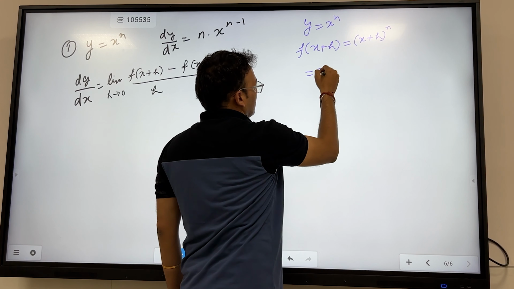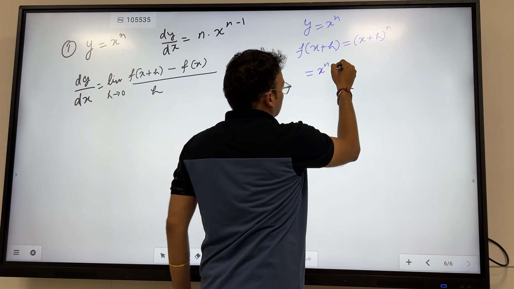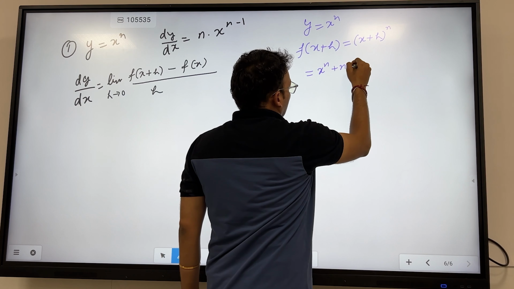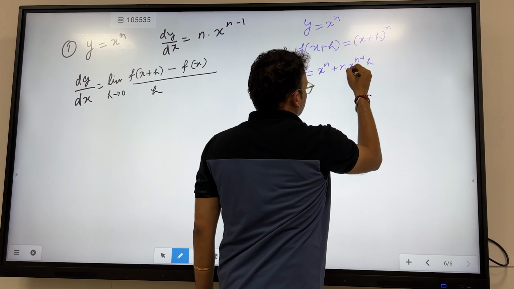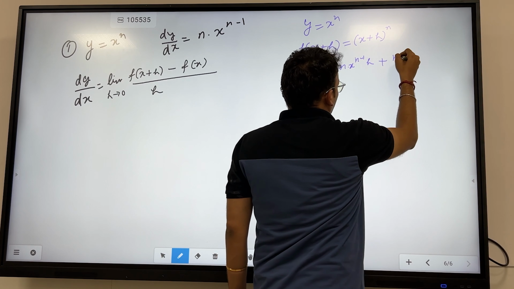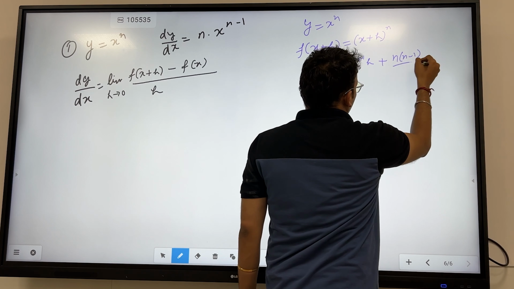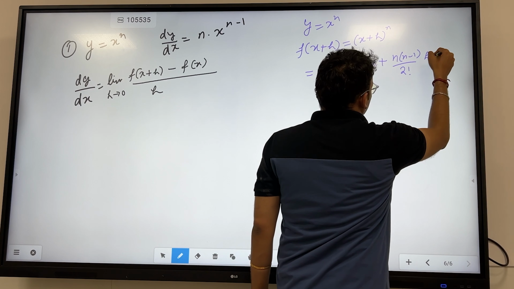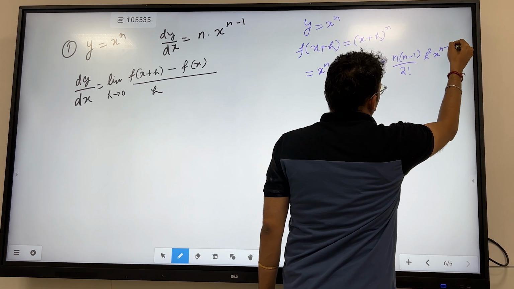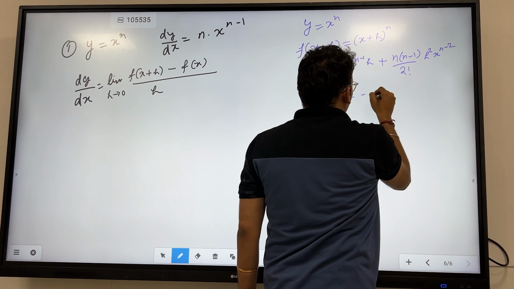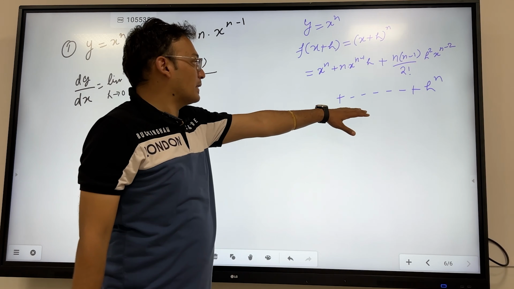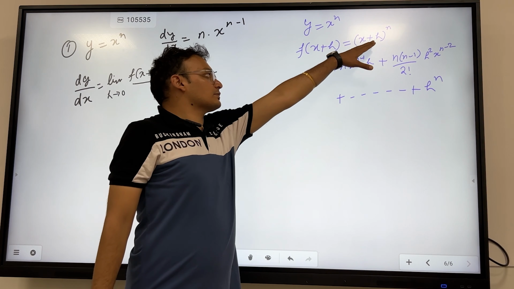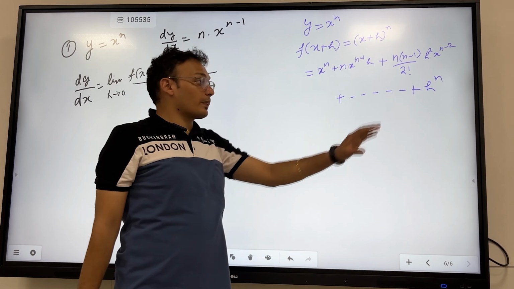So this will be x raised to the power n plus n times x raised to the power n minus 1 times h plus n times (n minus 1) over 2 factorial times h squared x raised to the power n minus 2, plus up to h raised to the power n. This is also the binomial expansion of (x plus h) raised to the power n, right?